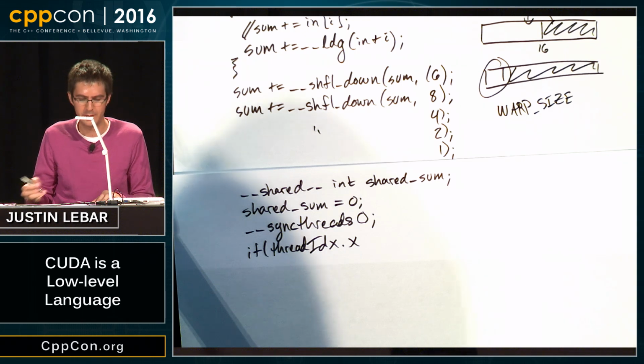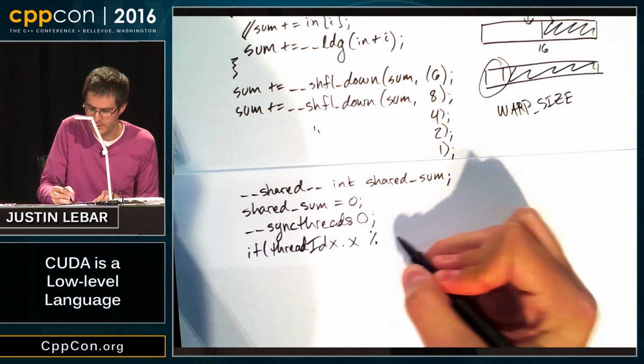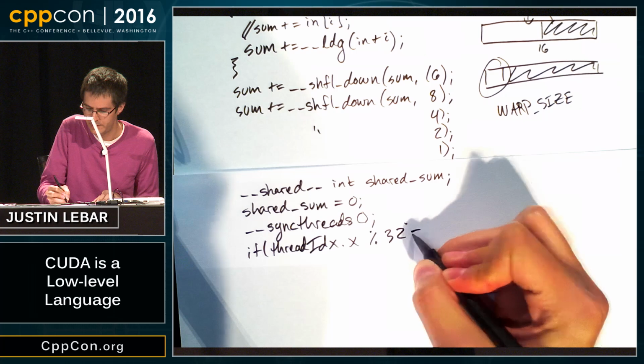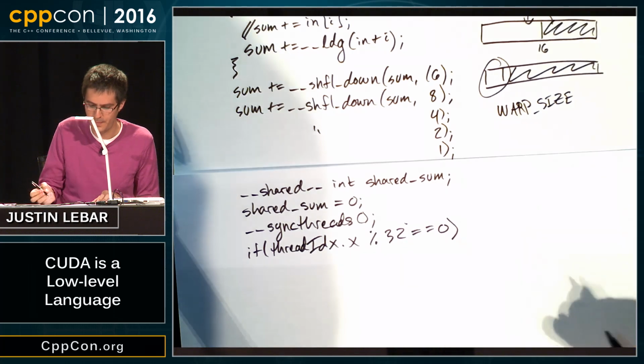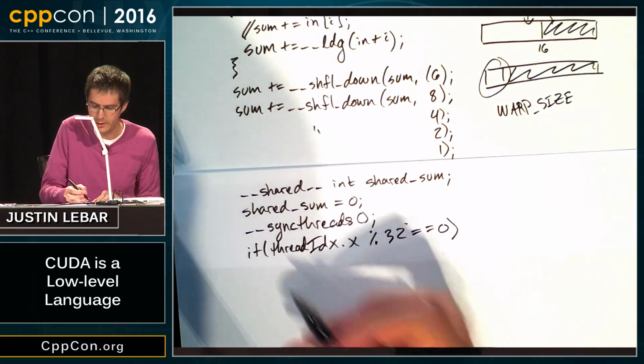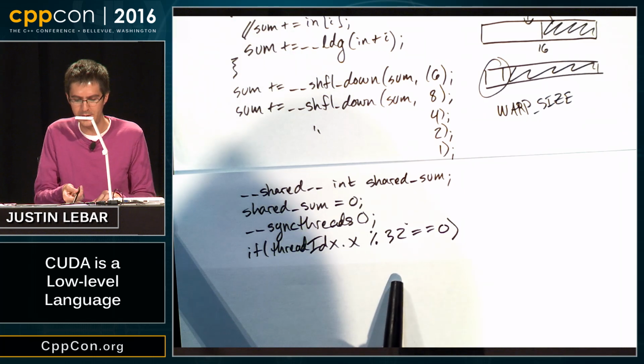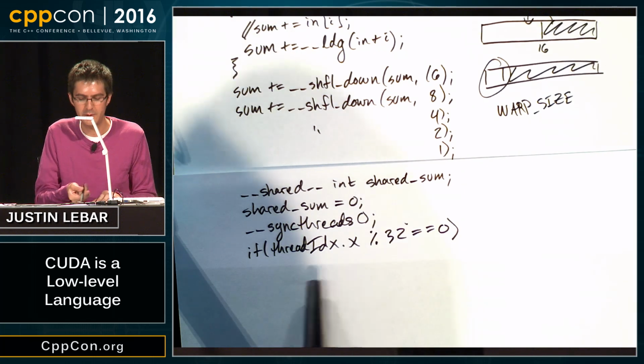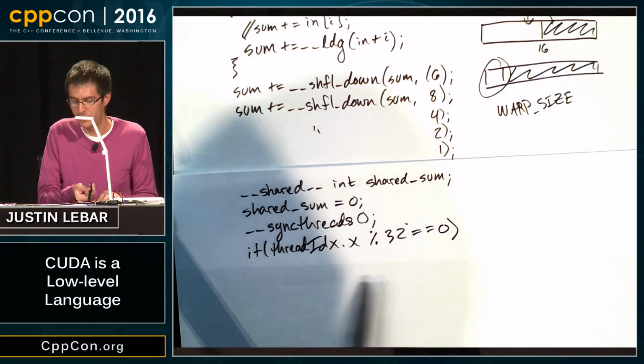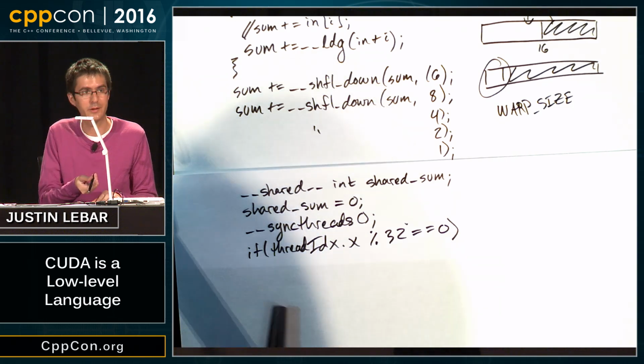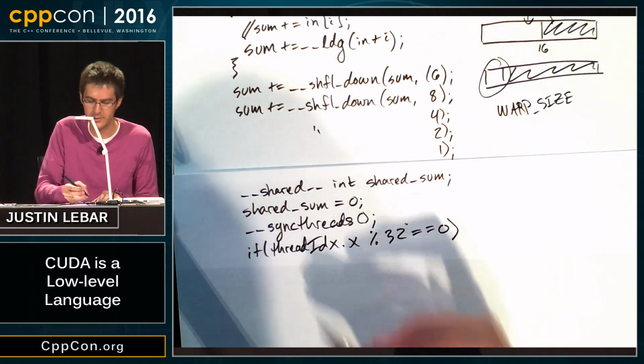Everybody else is undefined. So to check whether we're warp 0, we do that. And now, what I want to write here is shared sum plus equals sum. But I can't do that. That would be a race condition, because I have multiple threads all accessing this variable at once. So instead, I have to do an atomic operation.